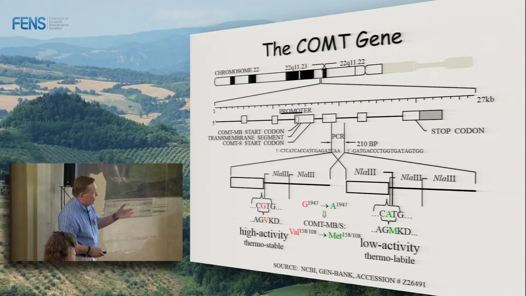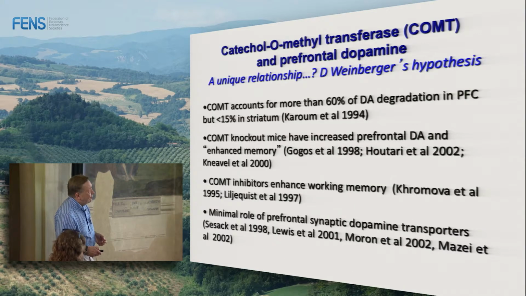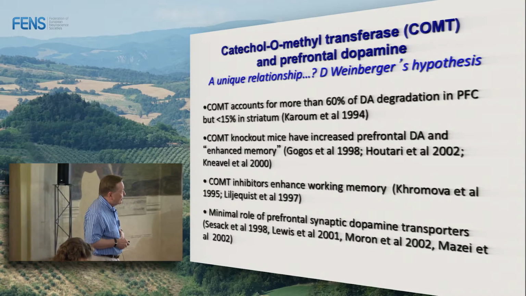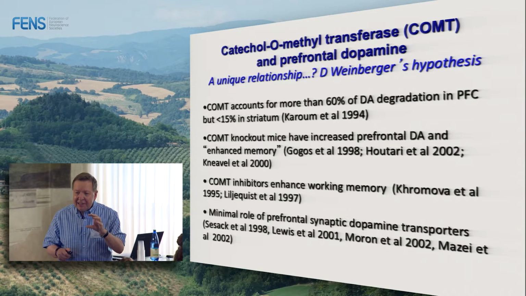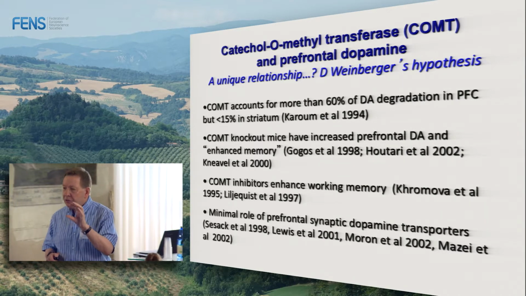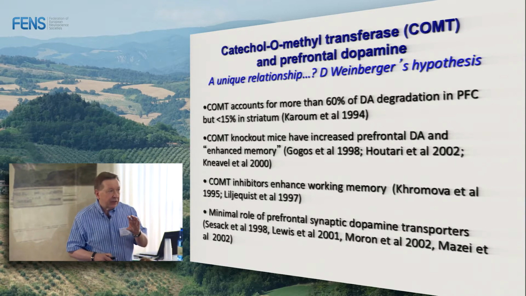So genes like COMT, which manipulates the amines, also can affect frontal dopamine. I'm not going to go in great detail about how this hypothesis works, but in the frontal cortex, dopamine is mainly cleared by catechol-methyltransferase rather than monoamine oxidase.